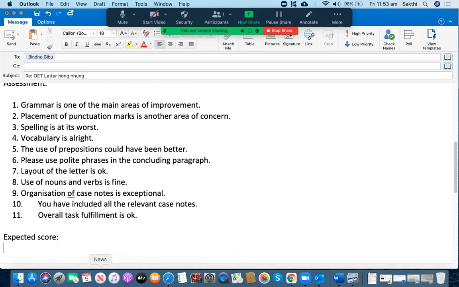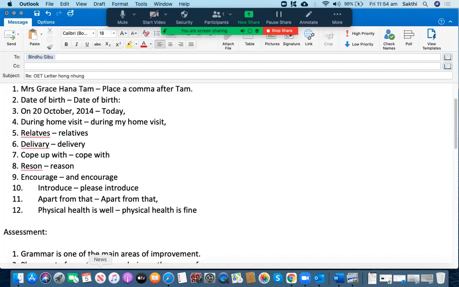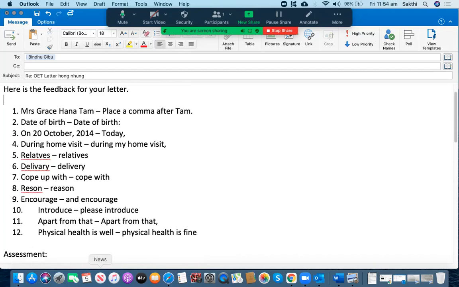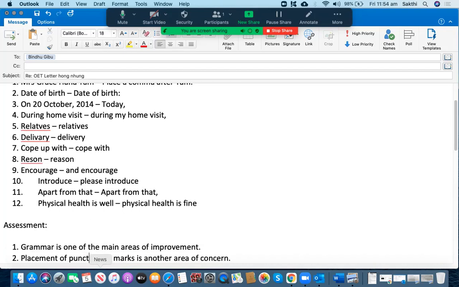Okay, let me give you the expected score. As you have committed several mistakes under spelling, and you have chosen words that are not very polite. However, according to me, this sounds like a 300 grade letter, because you have done a wonderful job in other sections, including the use of nouns and verbs and so on.